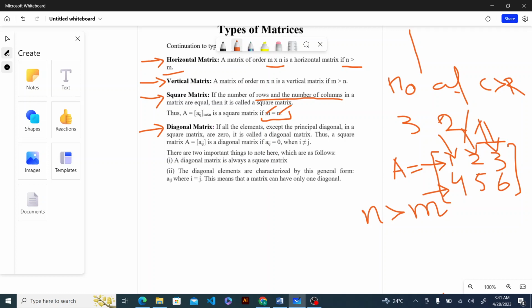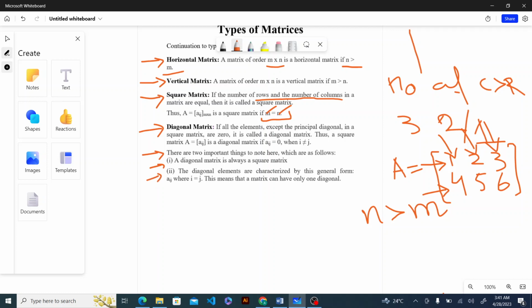Don't worry, I am going to explain it in great detail so that you can understand it. Let me read it first. There are two important things to note here. Number 1, a diagonal matrix is always a square matrix.